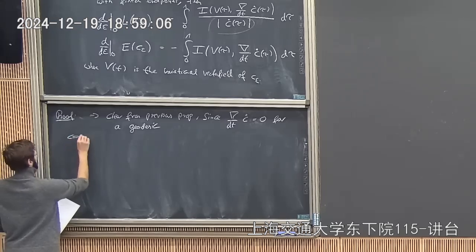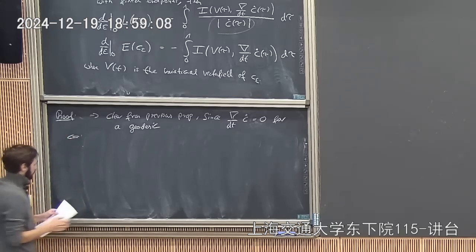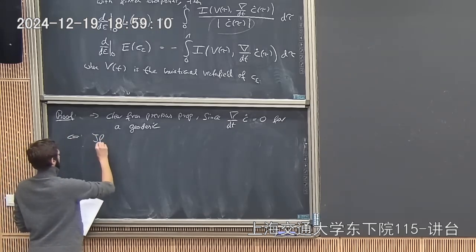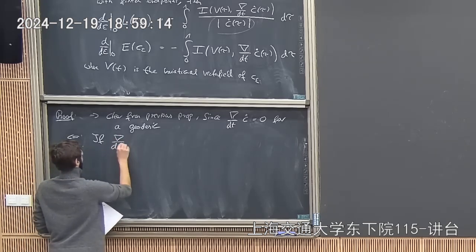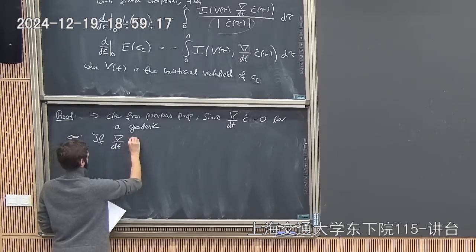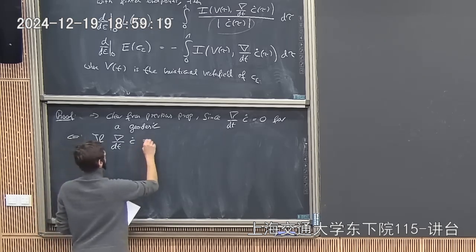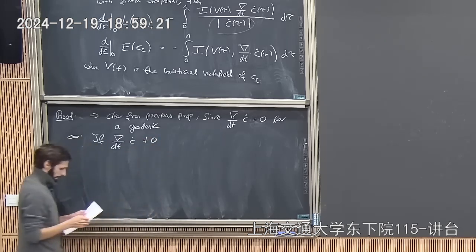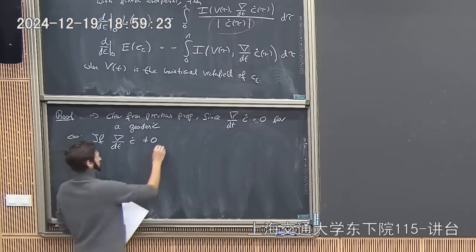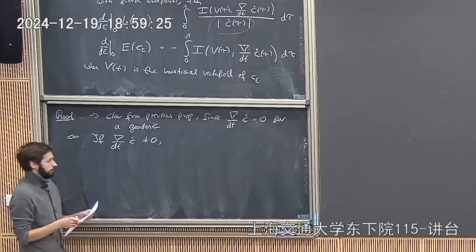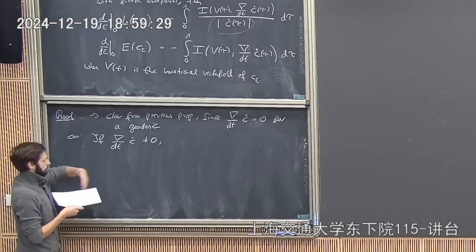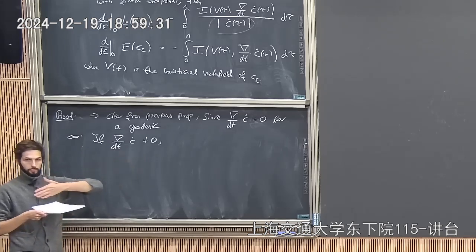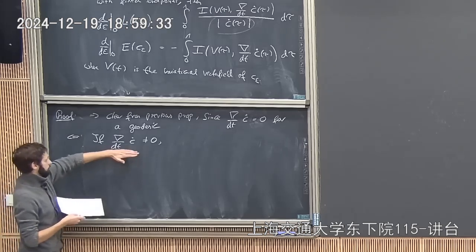For the other direction, we assume that we have not a geodesic. So we assume that this expression is not 0. Then we can realize that it's a vector field along the curve. So if that is non-zero, then we can just take a variation in that direction that is given by this vector field.